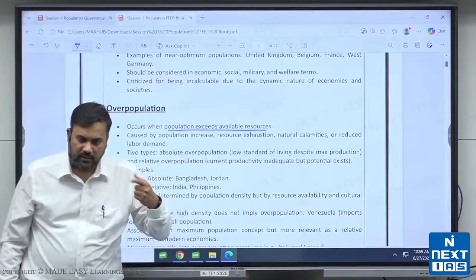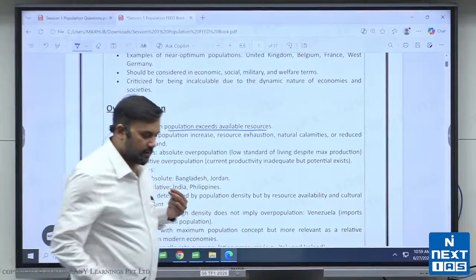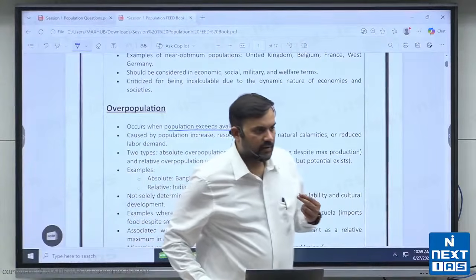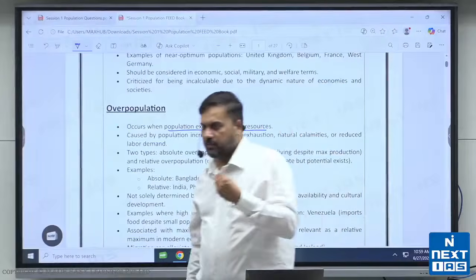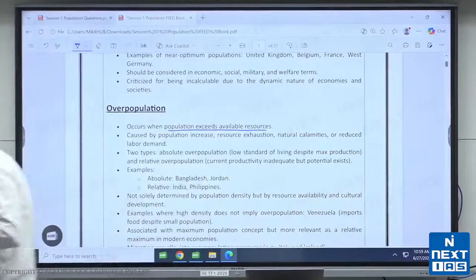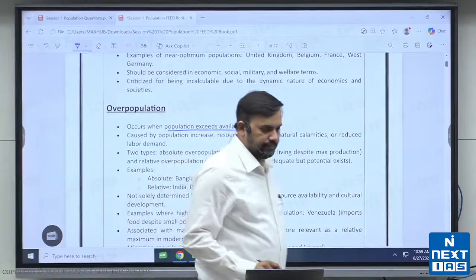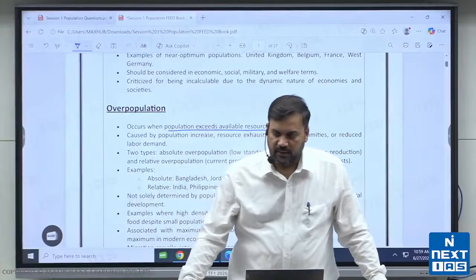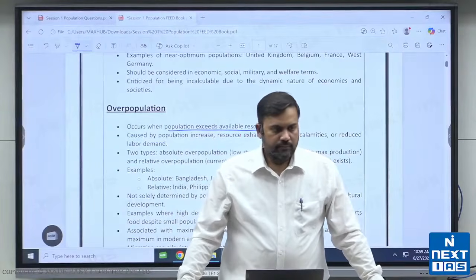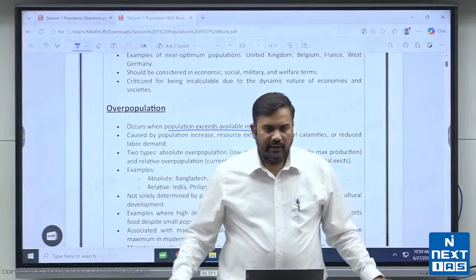You can write it if you want: when resource development is unable to keep pace with population growth. So this is the simple idea of overpopulation.